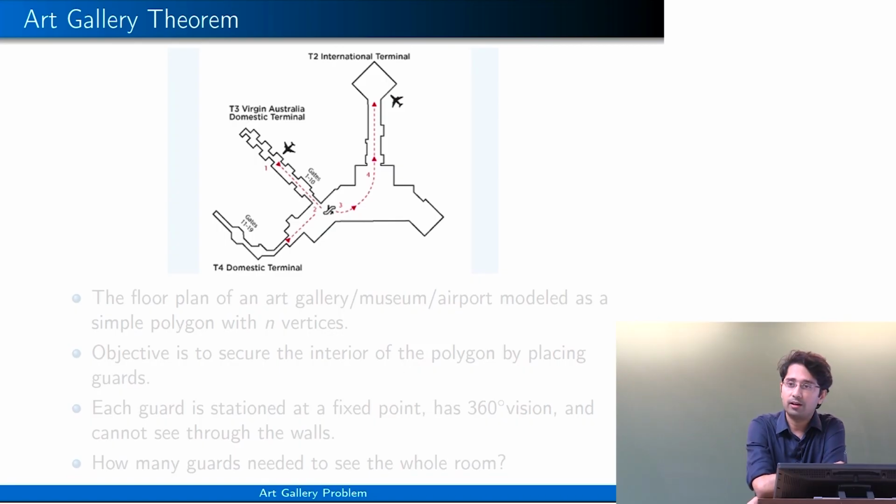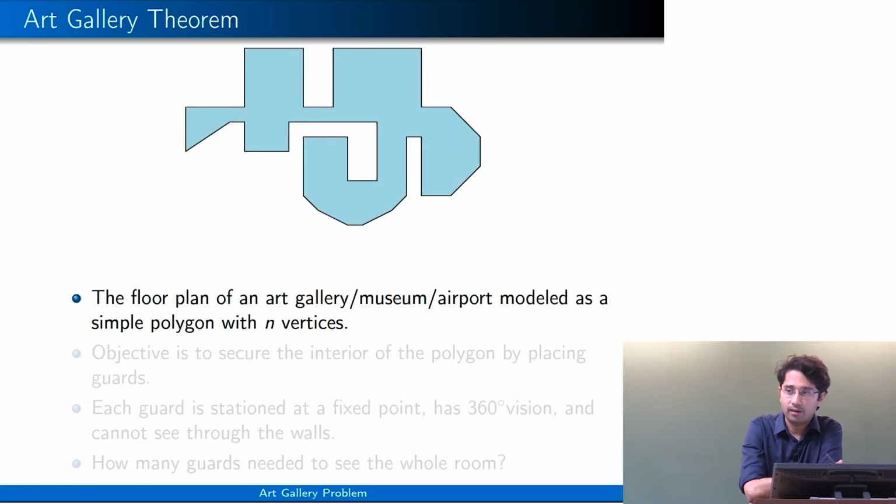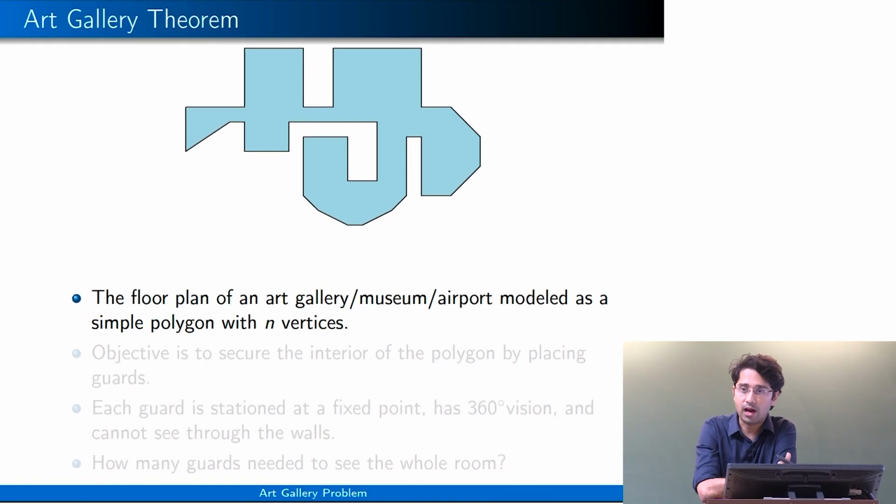Again, when we see a problem, what do we do? We try to model it as a mathematical problem. The closest to an art gallery, airport or military facility would be a simple polygon.